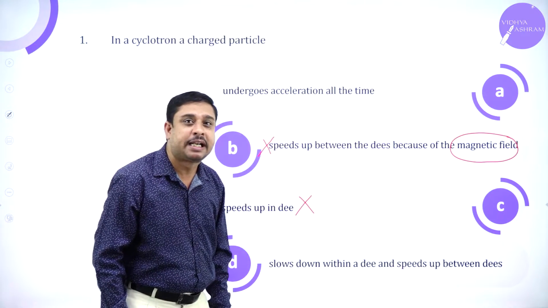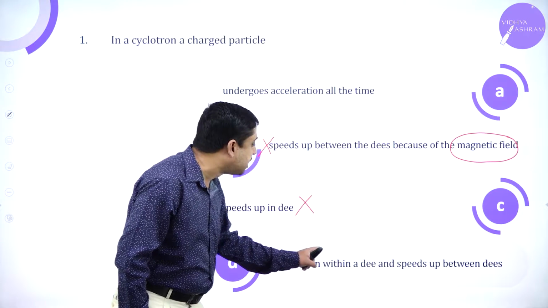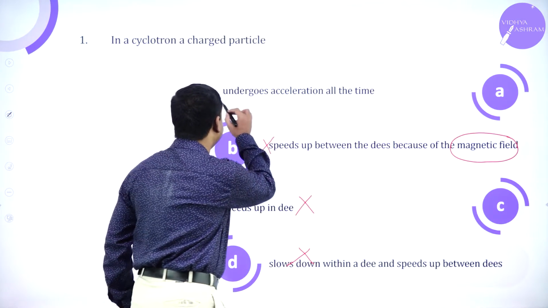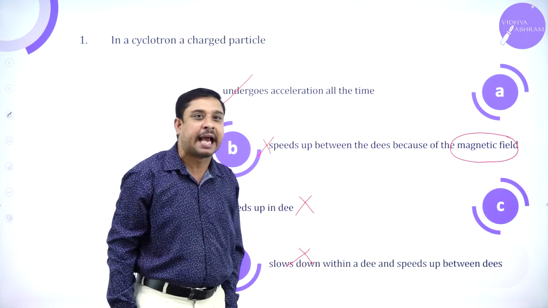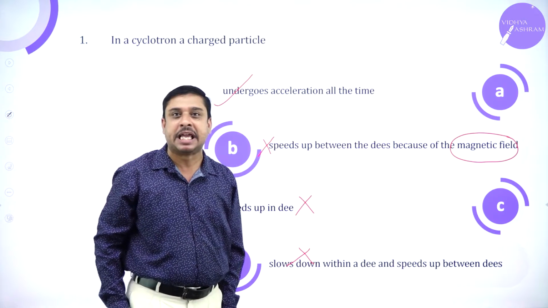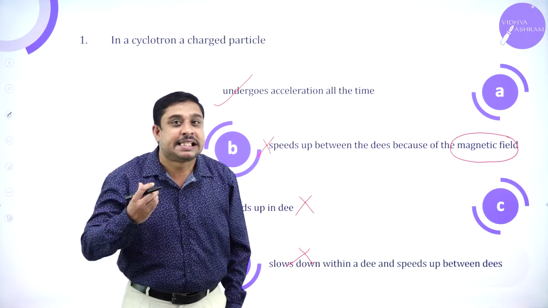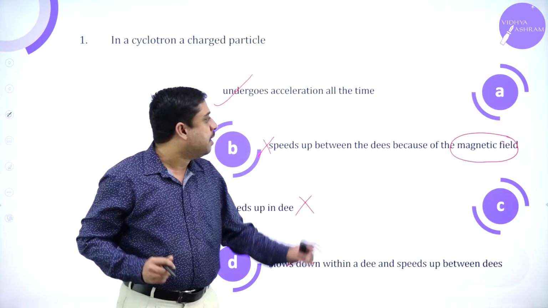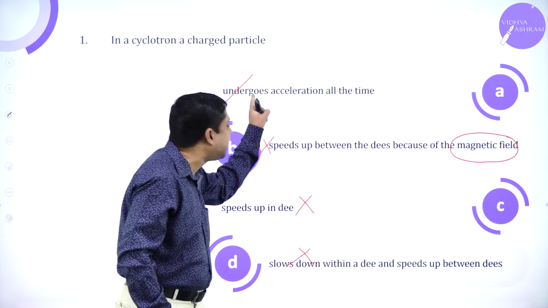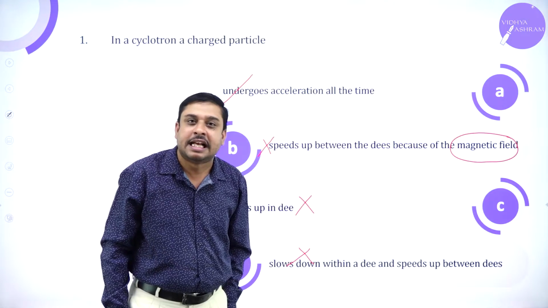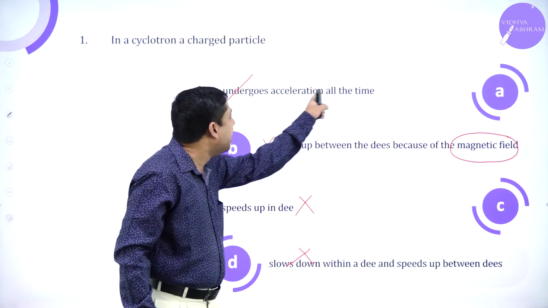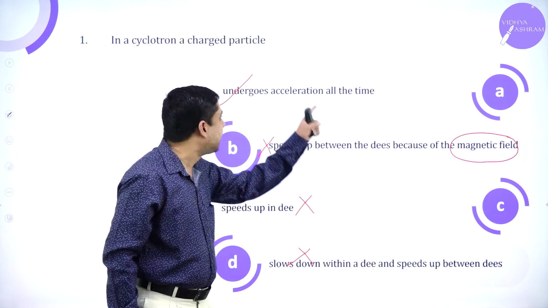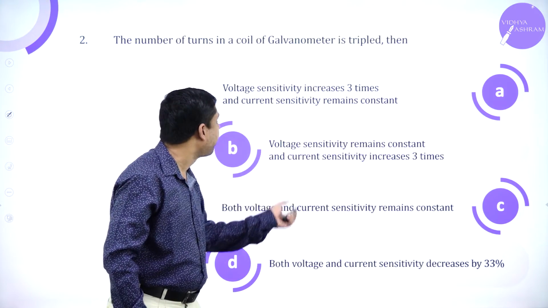Fourth is completely inappropriate: slows down within a D and speeds up within a D. No, the answer is undergoes acceleration all the time. It is because there is centripetal acceleration coming into the picture. Because of this centripetal acceleration, the charged particle undergoes acceleration all the time. So the correct answer is the first option.